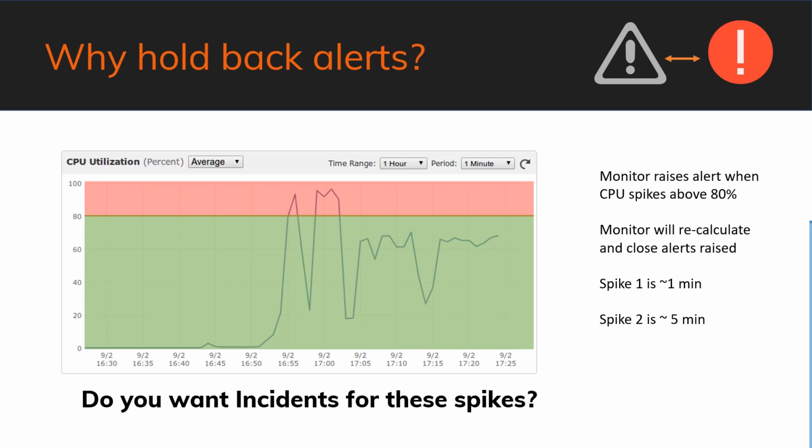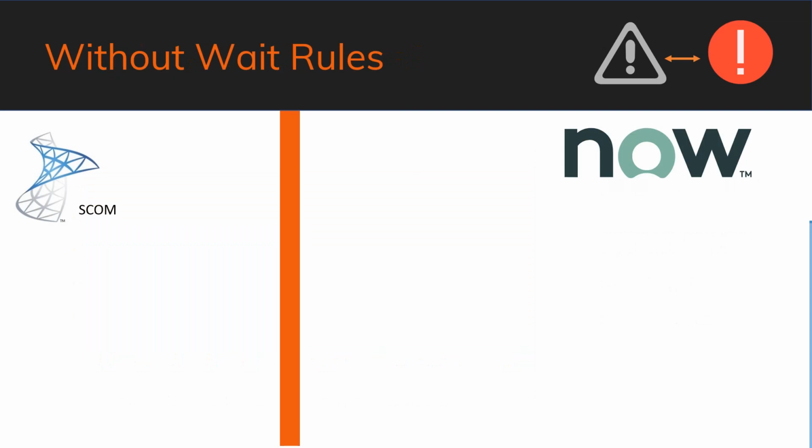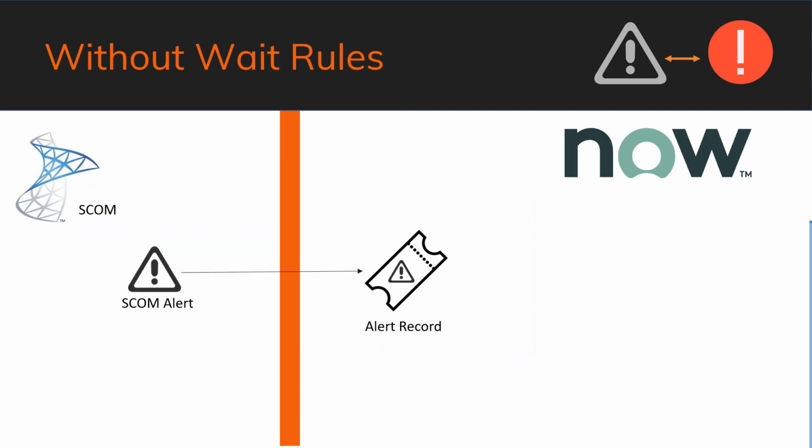But previous to the connector version 1.5, an incident will be raised for each of these spikes, as they'll both be raised as alerts by SCOM in this example. So without wait rules, in SCOM an alert is raised, it's pushed through to ServiceNow. This is in the case without event management here, and an alert record is created.